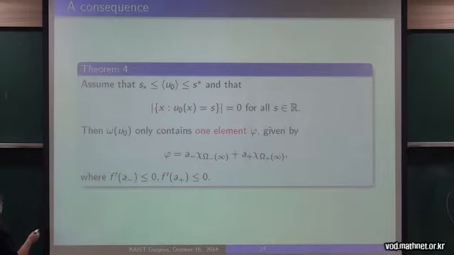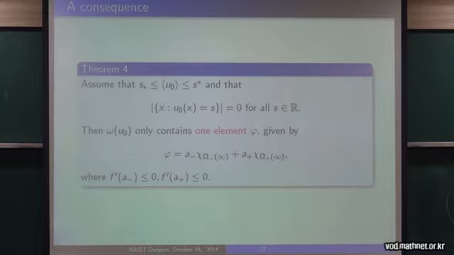So here assume again that the average of U naught is between S lower star and S upper star, and assume furthermore that the measure of the set of points where U naught equals S is equal to 0 for every S in R. Then omega of U naught only contains one element phi, and this phi is given by A minus times the characteristic function of omega minus of infinity plus A plus times the characteristic function of omega plus of infinity.